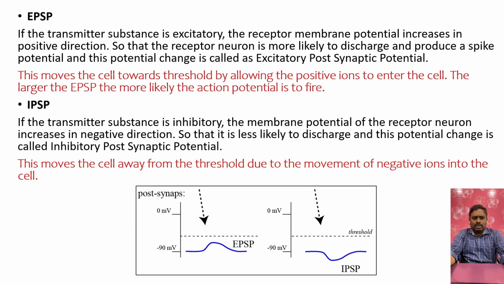Let us see what is EPSP. If the transmitter substance is excitatory, the receptor membrane potential increases in the positive direction. Let us see the graph.